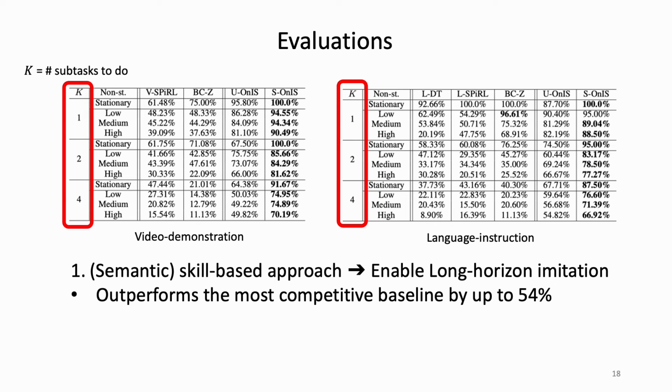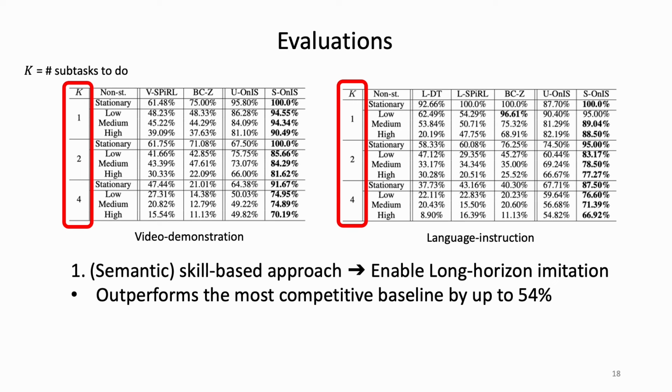Firstly, our skill-based approach demonstrates robust performance in long-horizon imitation tasks. While other baselines adopt a method of imitating a video containing multiple skills in one go, our framework focuses on imitation at the skill level, resulting in a significantly higher success rate for each skill.